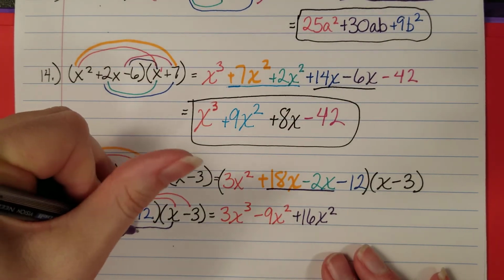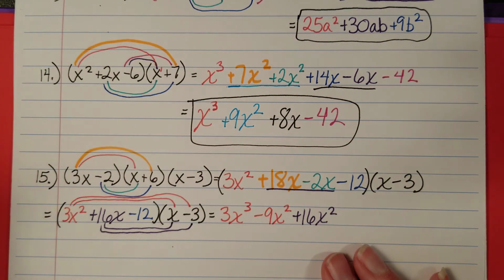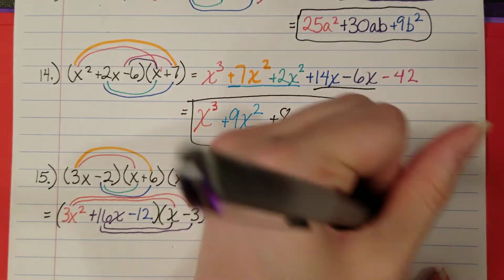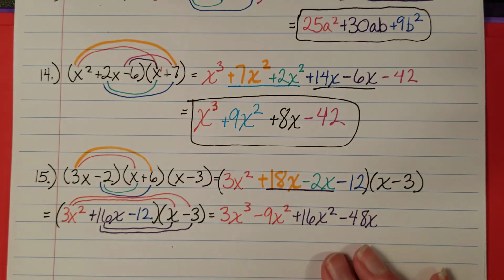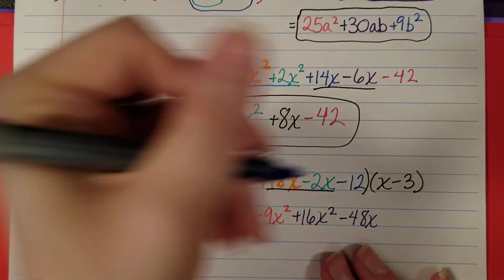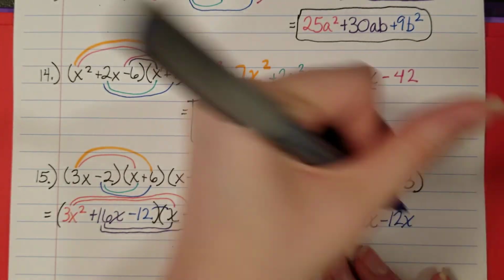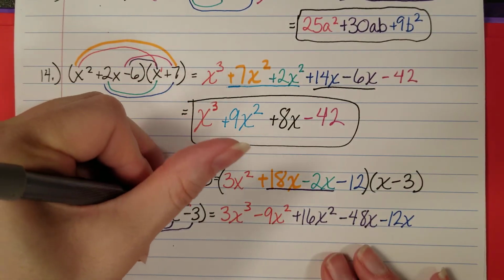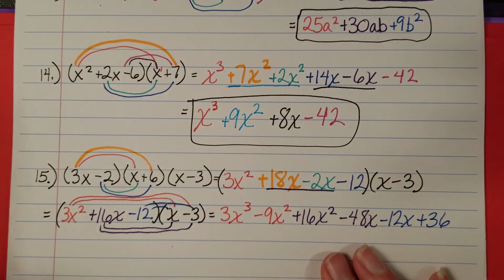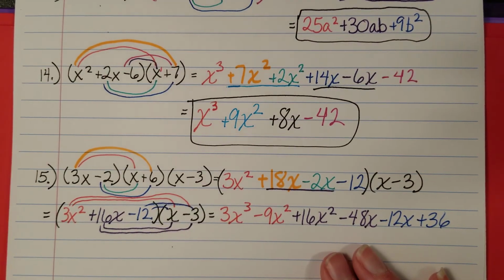Then 16x times negative 3 would give me negative 48x. Then negative 12 times x, which is negative 12x, and negative 12 times negative 3, which is plus 36. Okay.